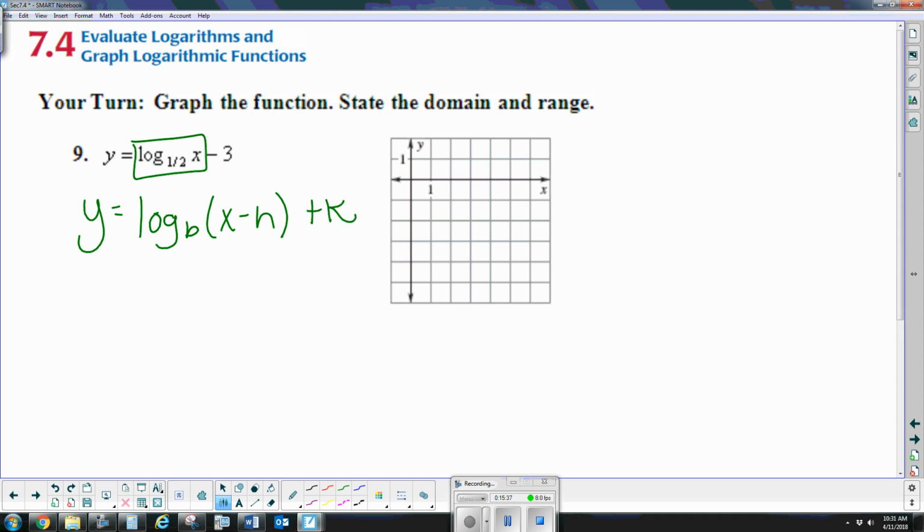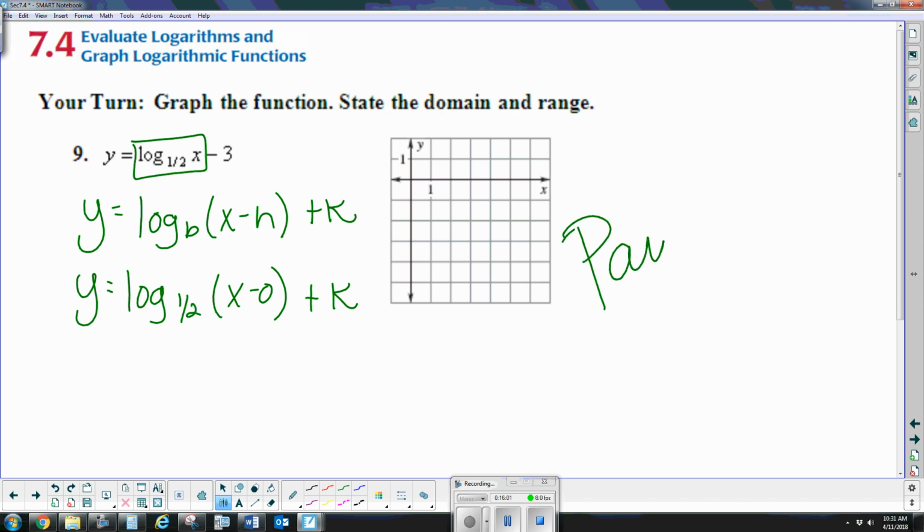So if you were to rewrite this just with your h and your k values in, it would be log with base 1/2 of x minus 0 plus k. So pause the video while you work, and then you can unpause for the solution.